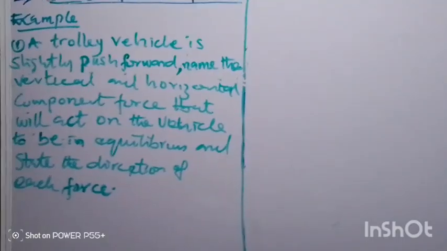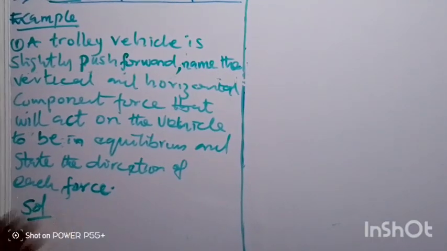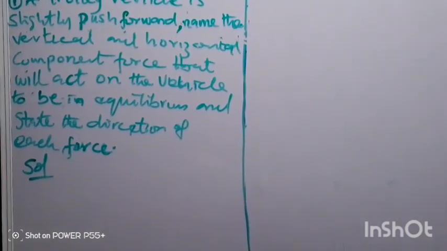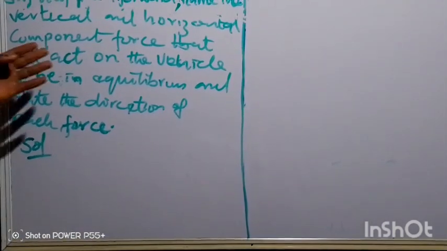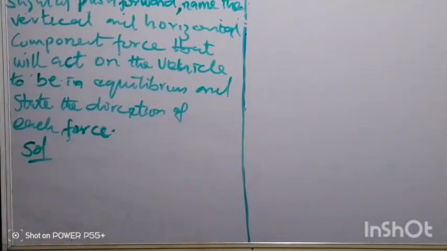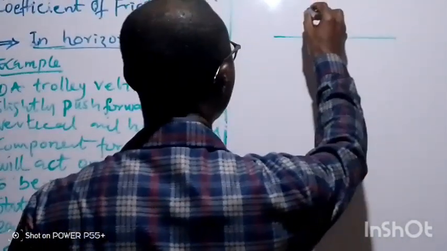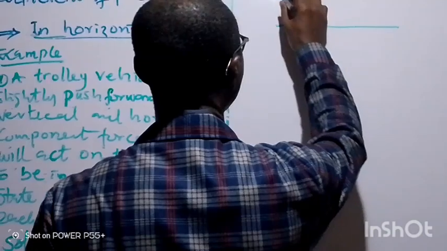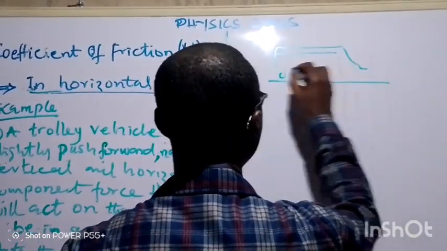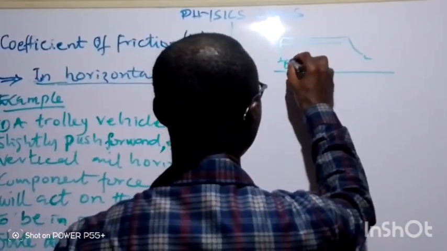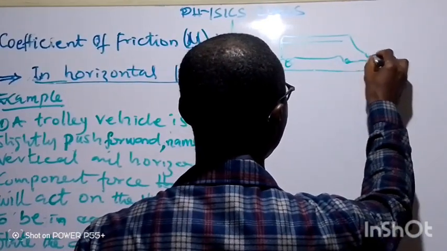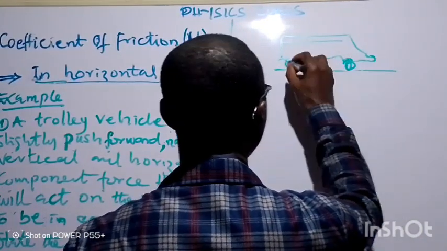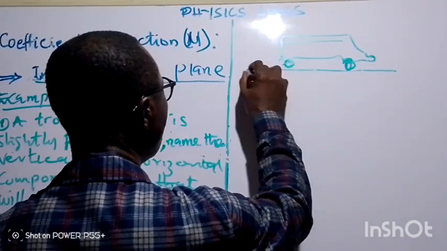Now, solution to this one. If you are following me from the explanation, this question is just repeating what we have said so far. Let's put it in form of drawing. Let's say this is the smooth table, and this is the trolley vehicle, and it is slightly put forward.